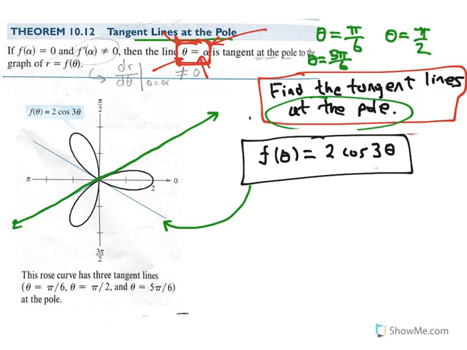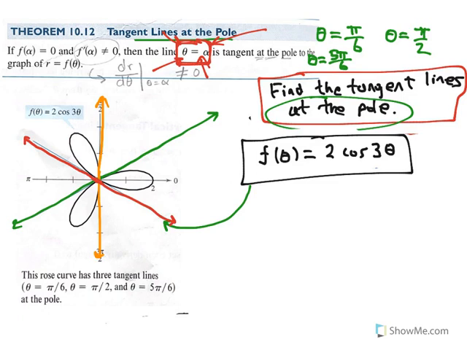The second one is theta is equal to pi over 2, here's the angle pi over 2, and you have this tangent line. And the third one is theta is equal to 5 pi over 6, here's the angle 5 pi over 6, and you have this particular tangent line.